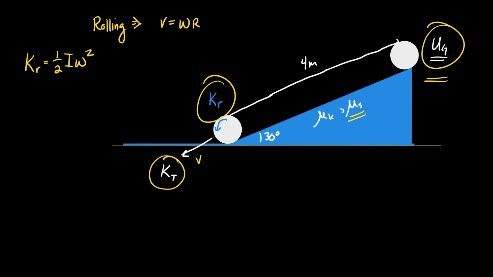So in this case, 1/2 mv squared becomes 1/2 I omega squared. Translational kinetic energy stays the same, 1/2 mv squared, just like we just did. So at the top we have mgh. At the bottom we have 1/2 mv squared plus 1/2 I omega squared.